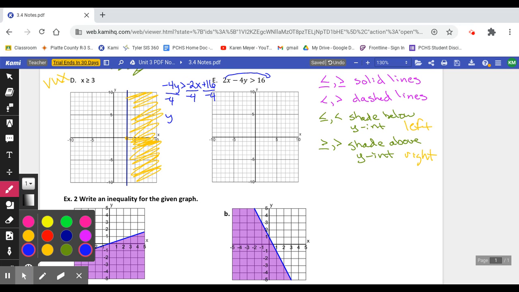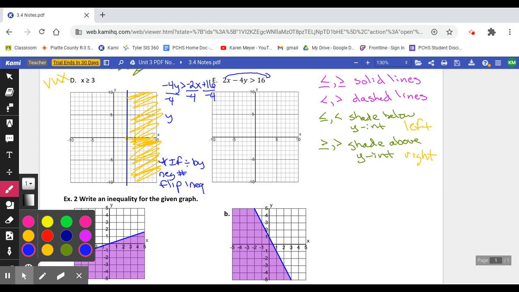And then I'm going to make you remember something all the way back from Unit 1 when we talked about solving inequalities. What happens if you divide everything by a negative? Hopefully everybody says, oh, you have to flip the sign. So I'm going to put a little star down here. If you divide by a negative number, flip the inequality.